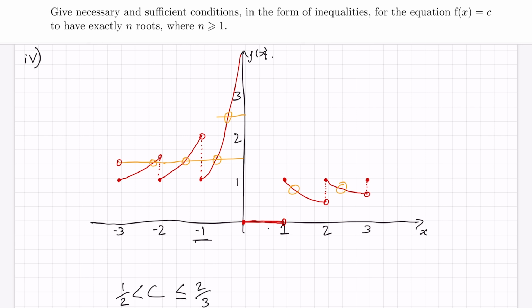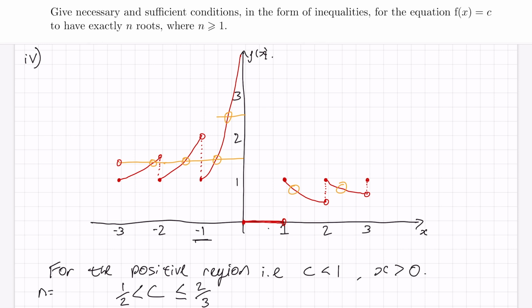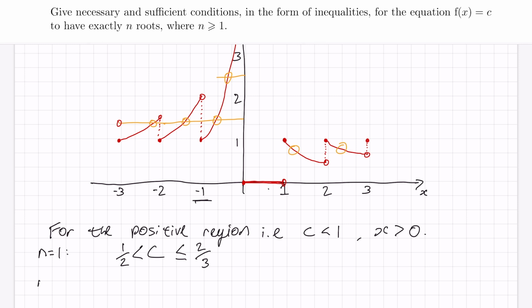I can have 2/3 because that is an open circle, so it means that isn't included. Okay, so let me just write a bit of a note for the positive region, i.e. c less than 1, or x greater than 0. Okay, so that's for n equals 1.